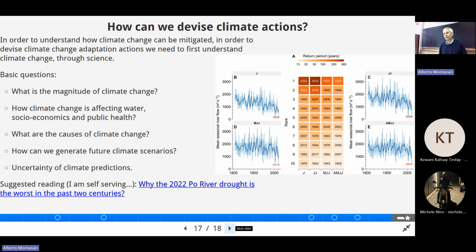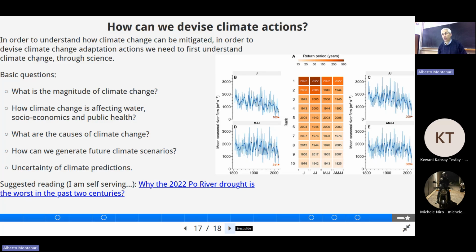And what you see from the graphs, first of all, there are 2 lines. The light blue lines represent the observations, the average flows, and the dark blue lines represent a moving average. The moving average is obtained by smoothing the observations. Smoothing means eliminating the peaks and plotting average values.